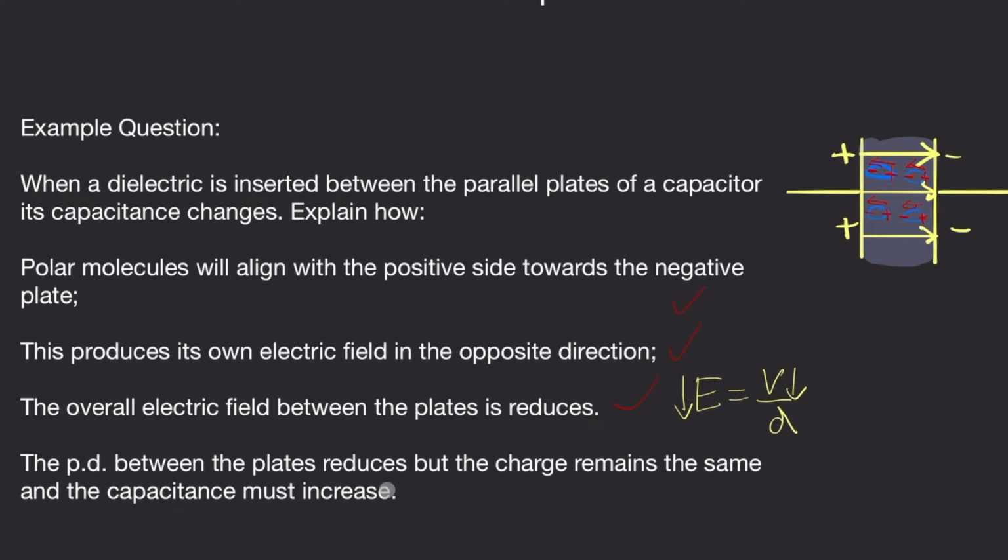Okay, if the charge is to remain the same, remember C is equal to Q over V. So charge is constant, but the potential difference decreases, and this means that the capacitance must increase.